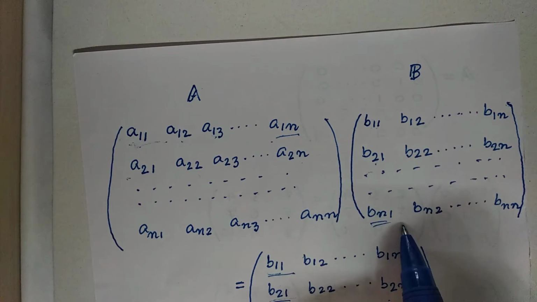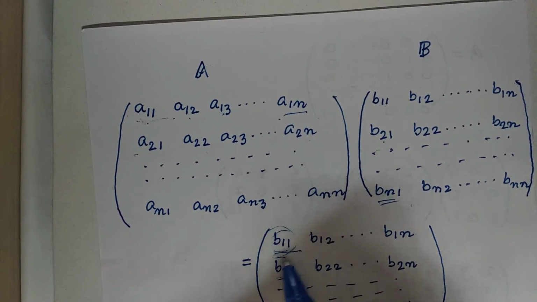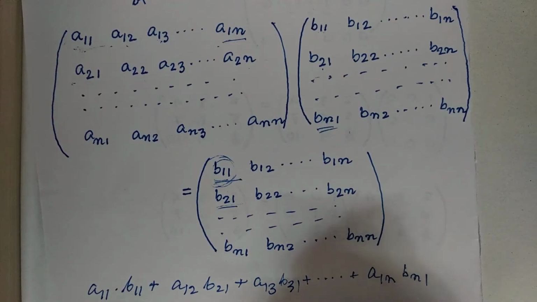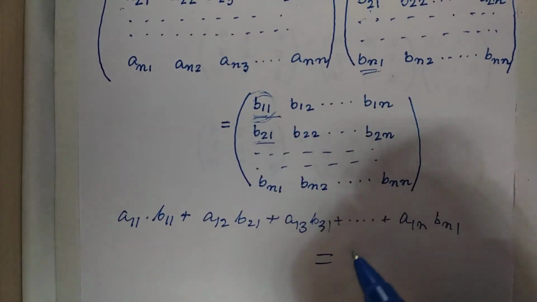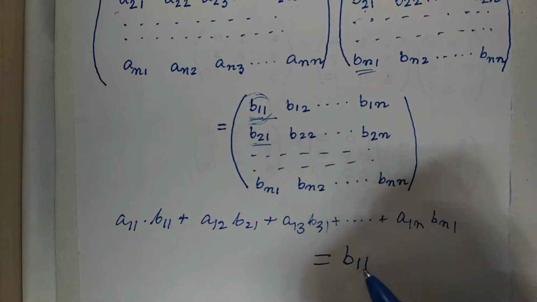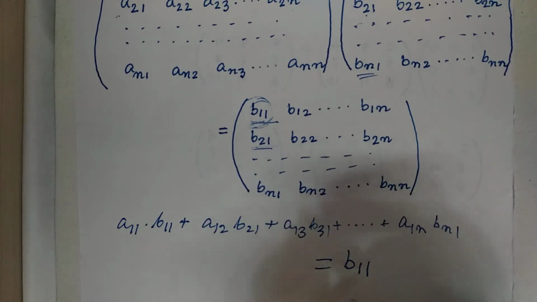This should be the element here. This should be equal to B11. How is this possible?